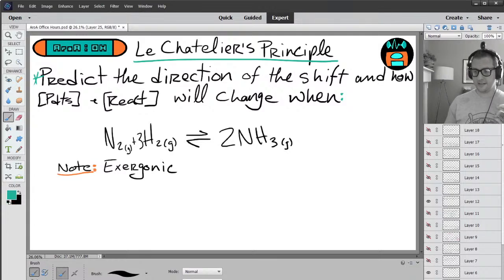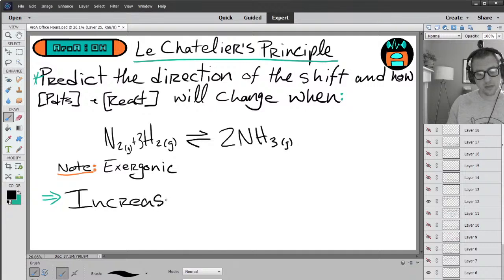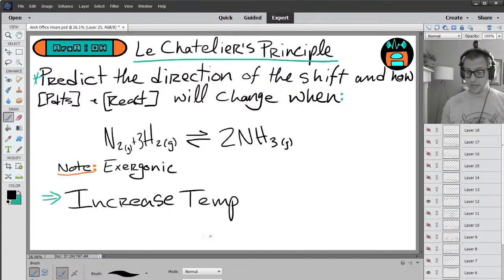Let's look at the flip side of the coin of Blake's question. What would happen if we increase our temperature? Again, first we need to note that this is exergonic.